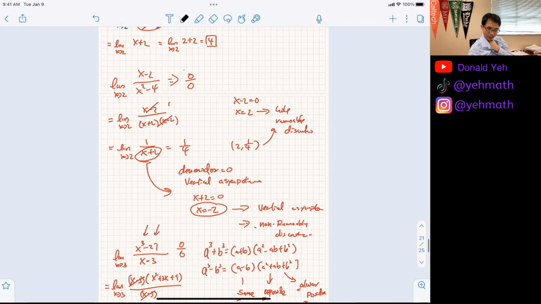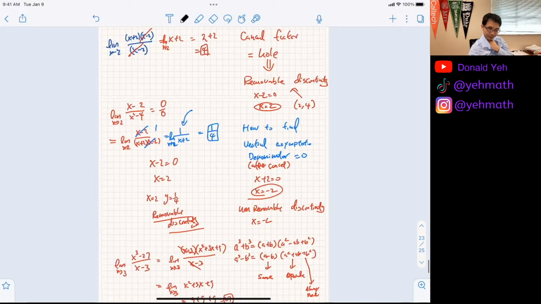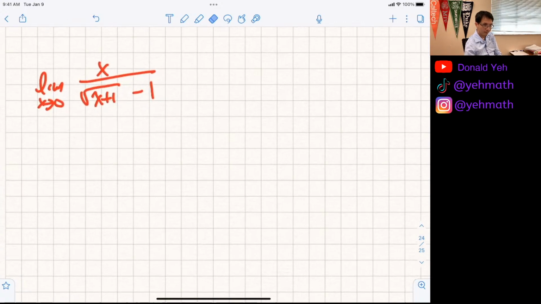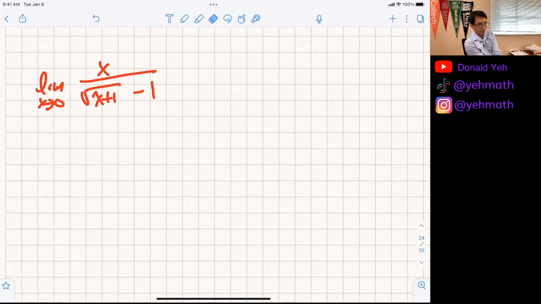Now, what I want you to do is, I want you to do this question. What happens if you plug in? X over square root of x plus 1 minus 1.